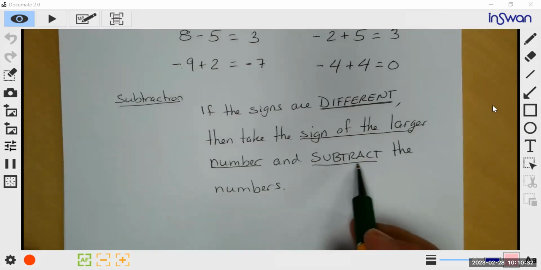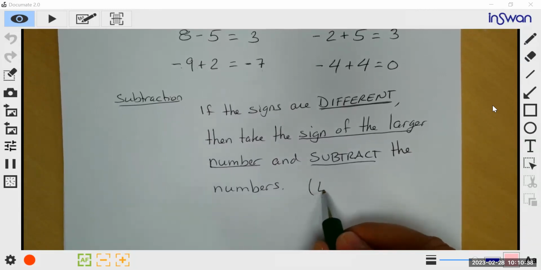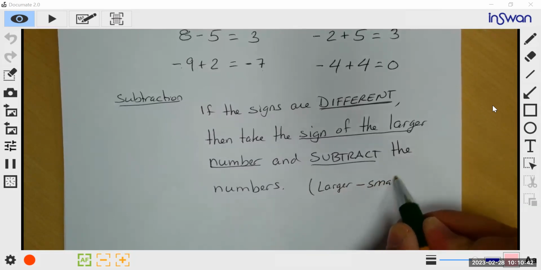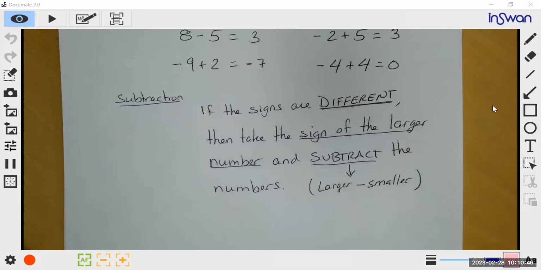Now, when we say subtract the numbers, what we mean here is this: larger minus smaller. That's what we mean when we say subtract.